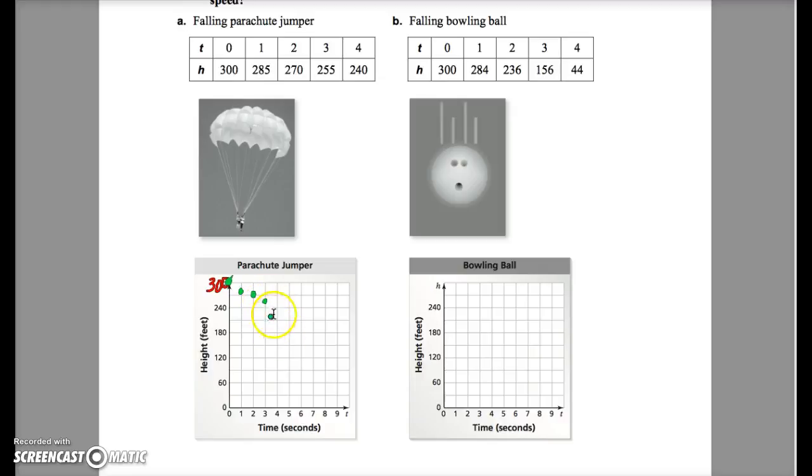And 4, 240 right there. So I can see, I can connect these here with a straight line, kind of. Okay, you get the idea.